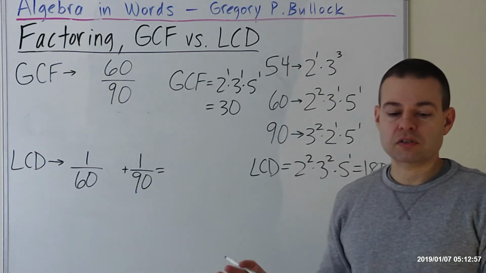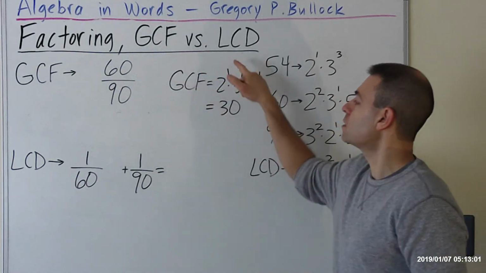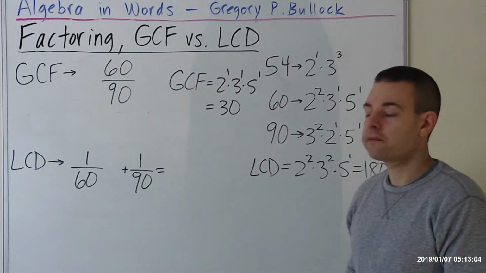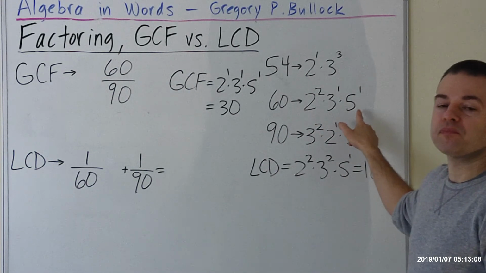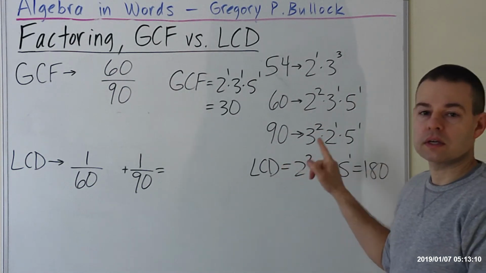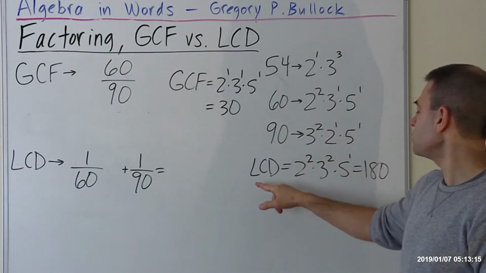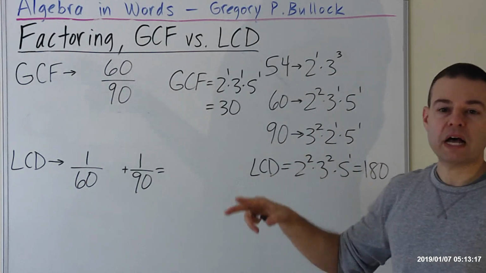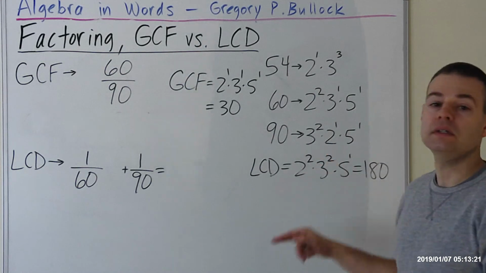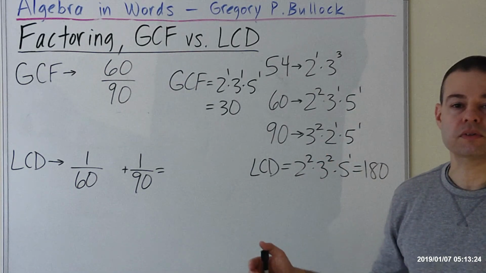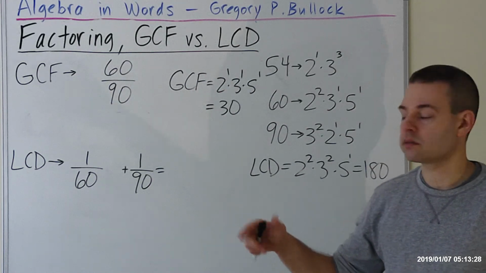But again, let me just summarize because it's kind of one of the big points of the video in comparing these. To find GCF, we do the prime factorization, we put it in exponential form, and we only take the common bases and the smaller of the exponents. But for LCD, we take all possible factors, every possible base that's listed in any of the numbers, and if there happens to be a repeat, we take the higher of the exponents.